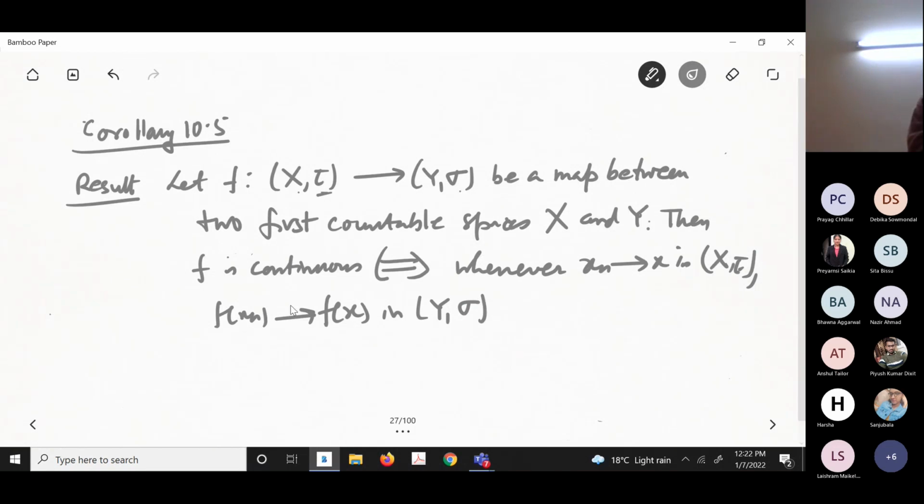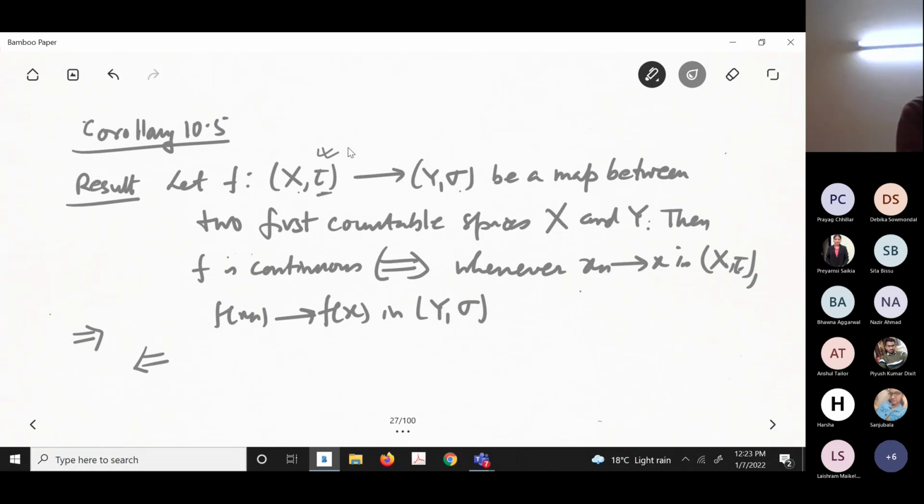If f is continuous, this will always be true, but the question is in the other direction. Also, you should check whether you need both to be first countable. Usually we take this, but look at the proof you did in metric space and see which one you actually needed.